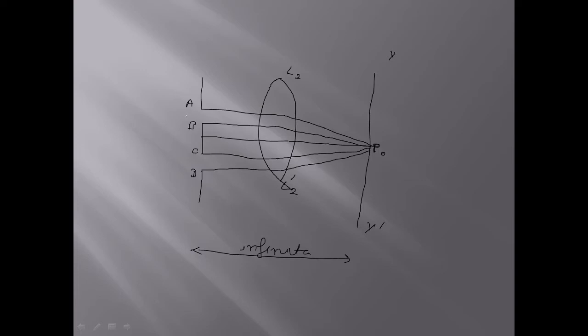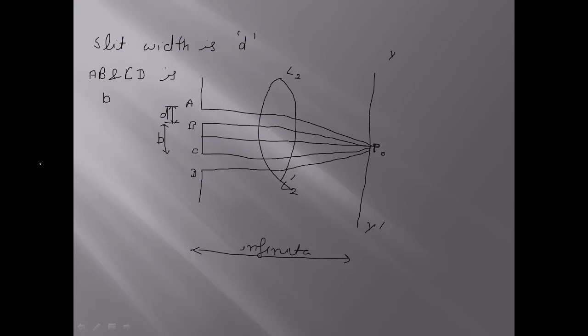Here, let me consider the slit width is D, and the distance between these two slits, slit AB and CD, is B. Here this is D and this one is B. This is the diagram for the two slits.